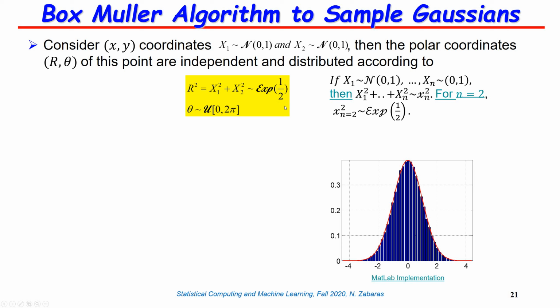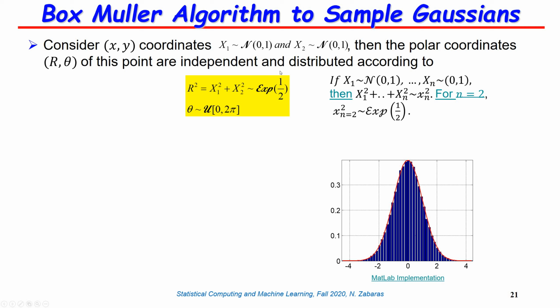And I remind you how we derived samples from the exponential distribution with parameter lambda. You remember from the previous slide, if we want a sample from the exponential distribution with parameter lambda, one way to do this is to take -1 over lambda times log of u, where u is a sample from the uniform distribution from 0 to 1.